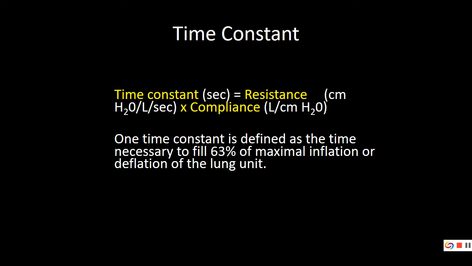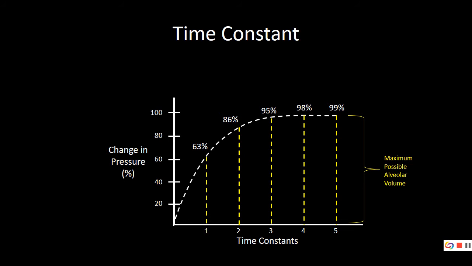Well, that doesn't sound very intuitive, but if you imagine completely inflating or deflating the lung, one time constant would be if you inflate a lung to 63% of its potential, or deflate a fully inflated lung by 63%. So it makes a little bit more sense visually. If you imagine this is a lung's potential inflation, and you get out here and you're 99% of what the lung potentially could be inflated.